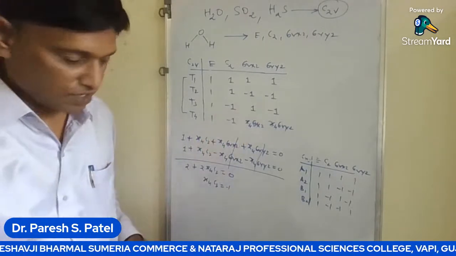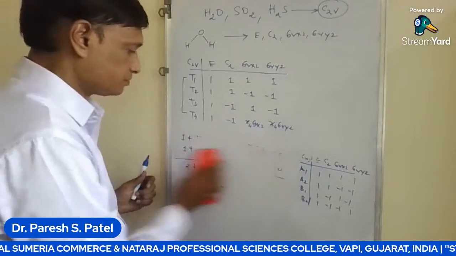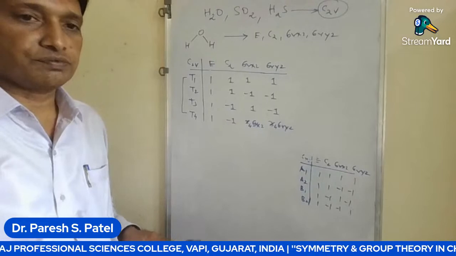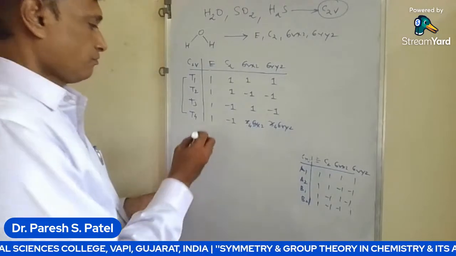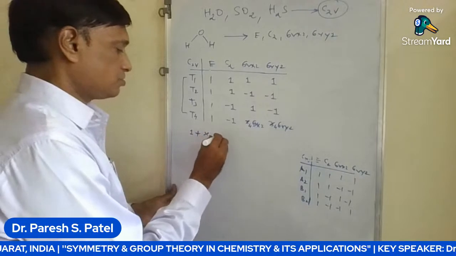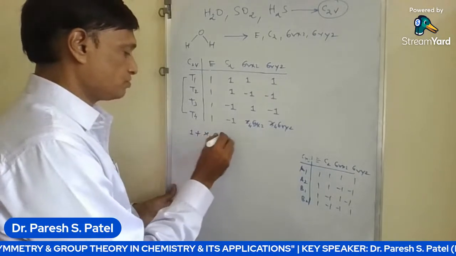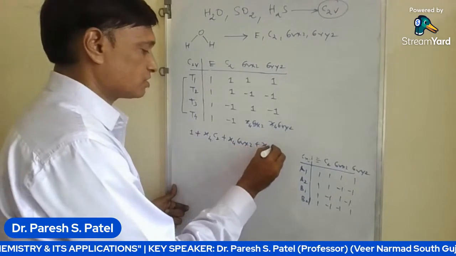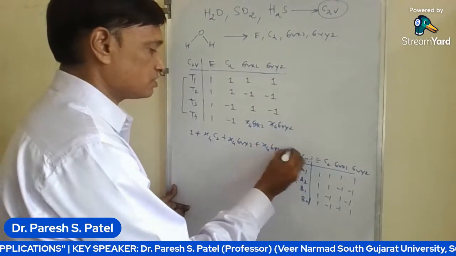Now substitute this value in the above equation: 1 plus character 4 C2 plus character 4 sigma v xz plus character 4 sigma v yz is equal to 0.